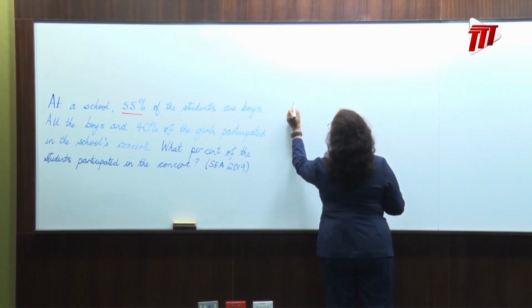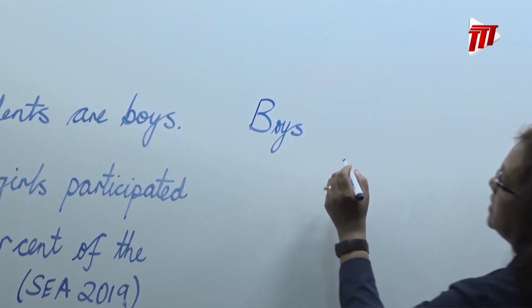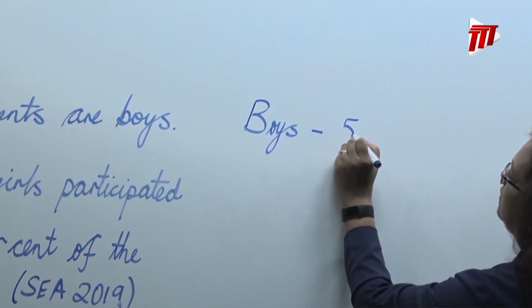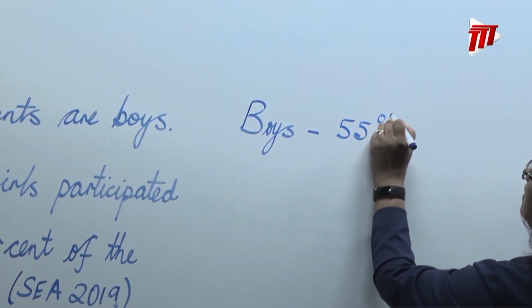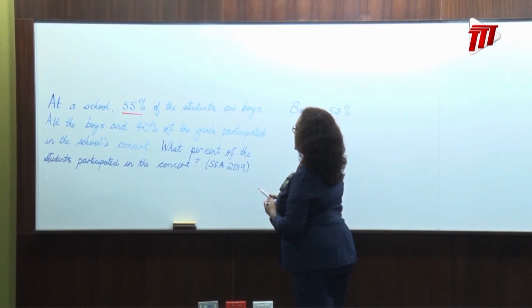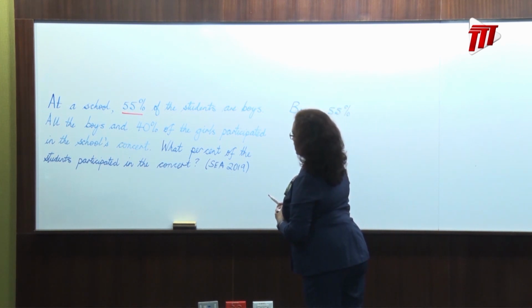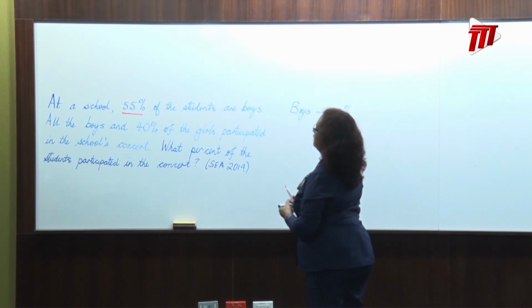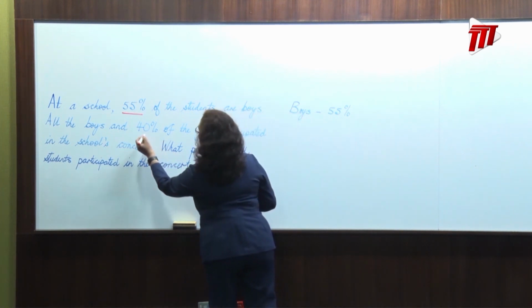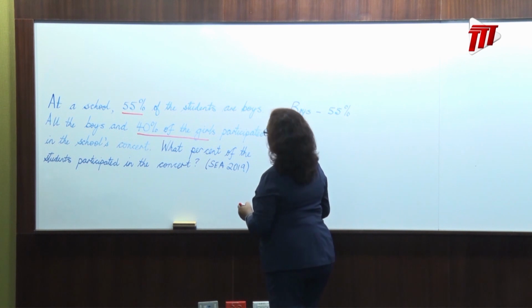So the percentage of boys is 55. All the boys and 40% of the girls participated in the school's concert. So we know that 40% of the girls also participated in the school's concert.